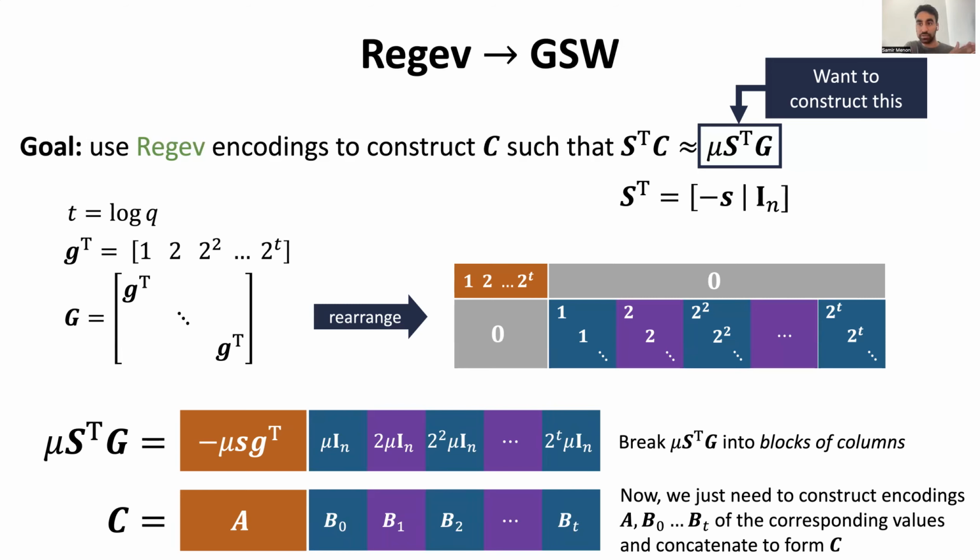And the columns are all just columns in Regev encodings. In either of these encoding schemes they are just concatenations, right? There's no interaction between the columns. So we can just construct encodings for the values A and B0 through BT separately, and then we can concatenate and we'll form the encoding that we want. So our goal is to construct A, B0 through BT that equals the values right above it there.